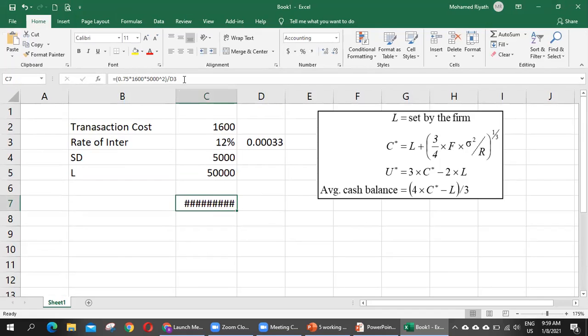And we have to get the 1/3 power. We get this figure.